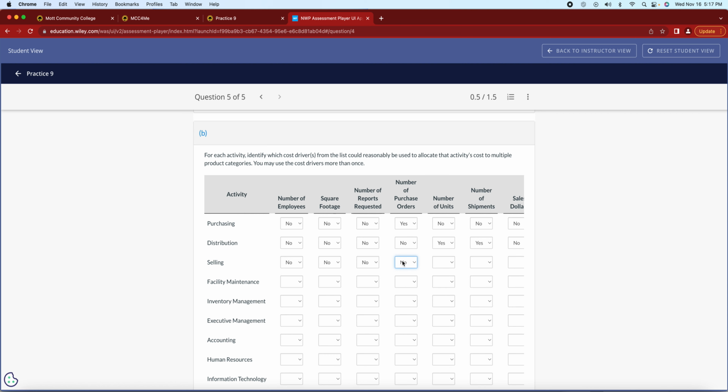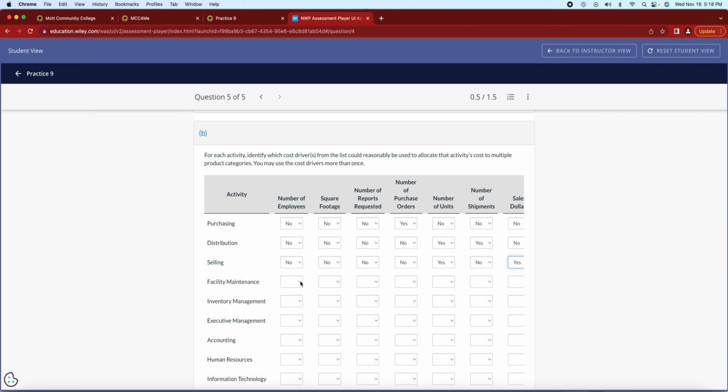Well, no, that's purchasing versus selling anyway. Number of units, absolutely. Number of shipments, typically no, for the same reason: you could have a number of different units sold within a shipment, and that could vary. Sales dollars, that would be a yes.